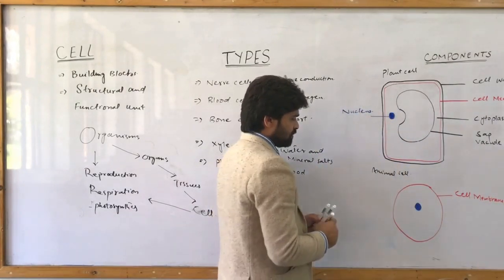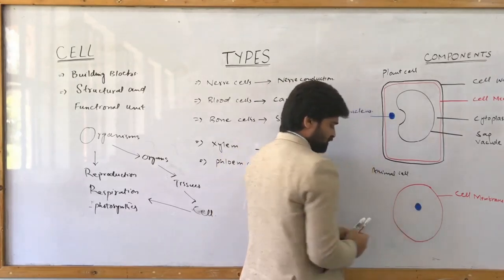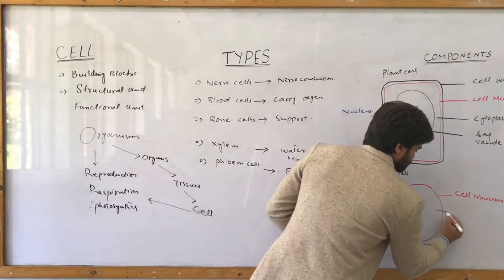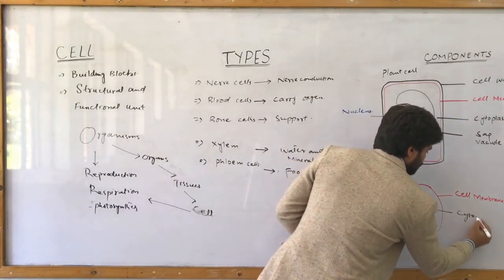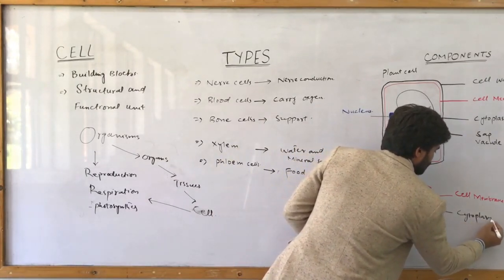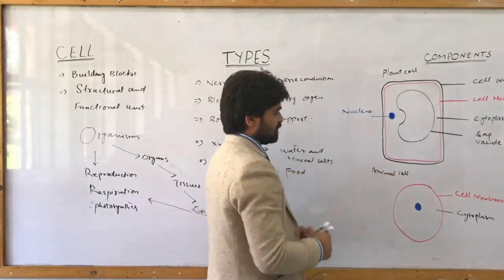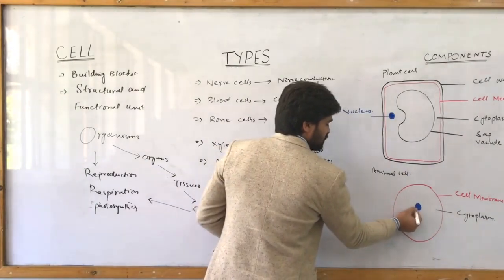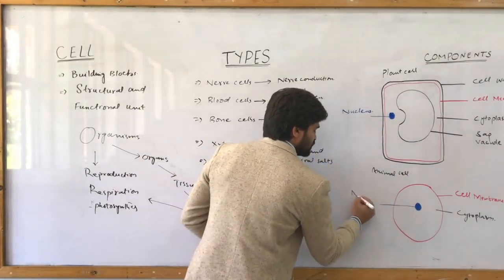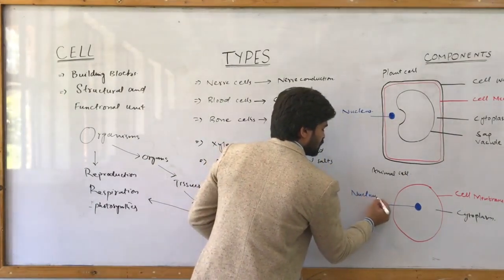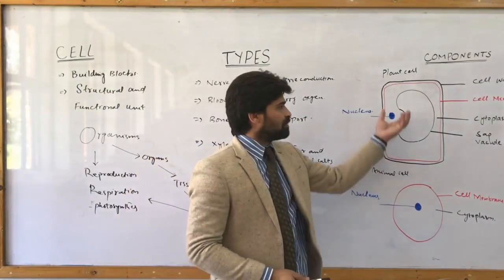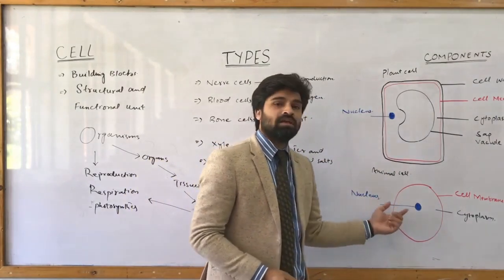And the inner white part of the cell is the cytoplasm. And that blue structure found in an animal cell is the nucleus. So these are the different components of the plant cell and the animal cell.